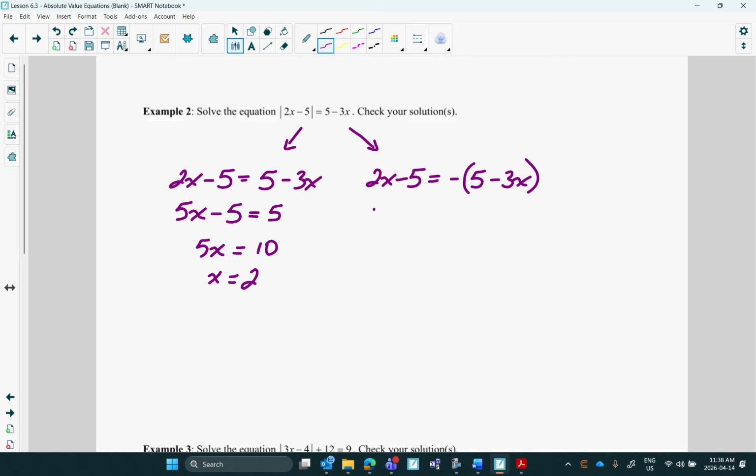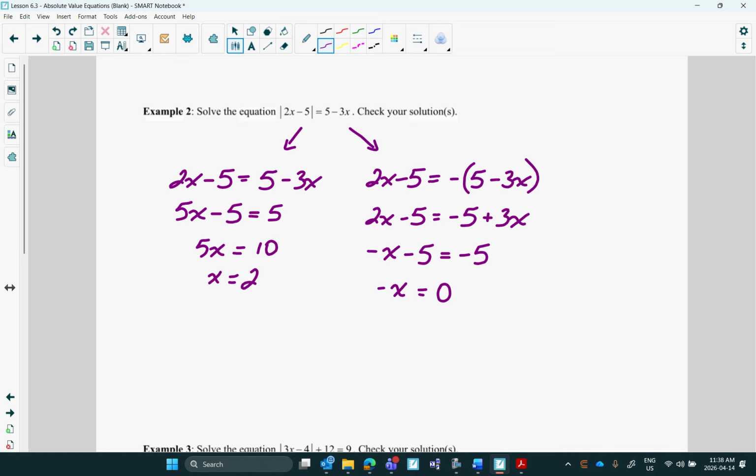This one, you have to apply the negative to everything, so we get negative 5 plus 3x. Take the 3x over and I get negative x minus 5 equals negative 5. Add 5 to both sides and I get negative x equals 0.